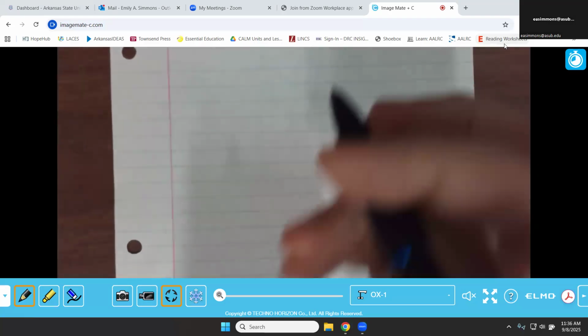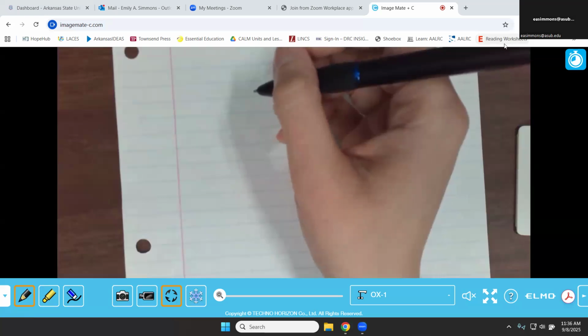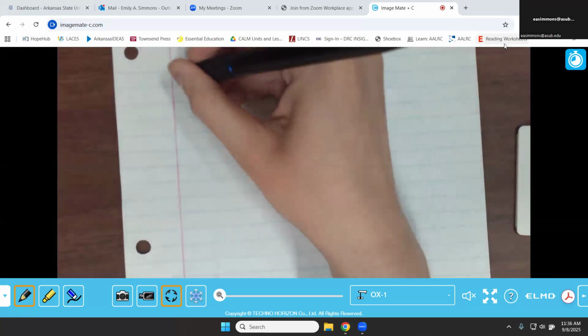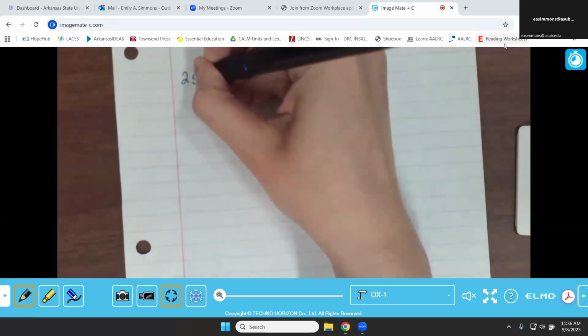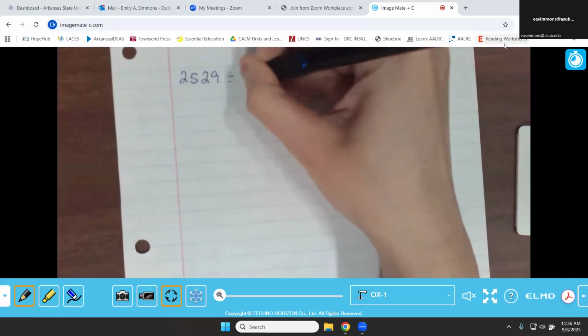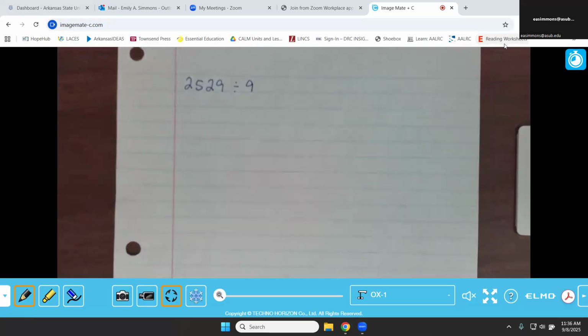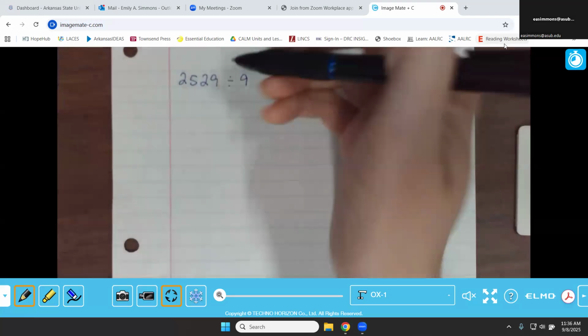So for long division, this is when we've got a bigger number divided by a smaller number. So maybe we've got 2,529 divided by 9. Now, for me, I couldn't do this in my head, so I would need to do long division. Some people just have it like that, and maybe they can, but I think most people can't.